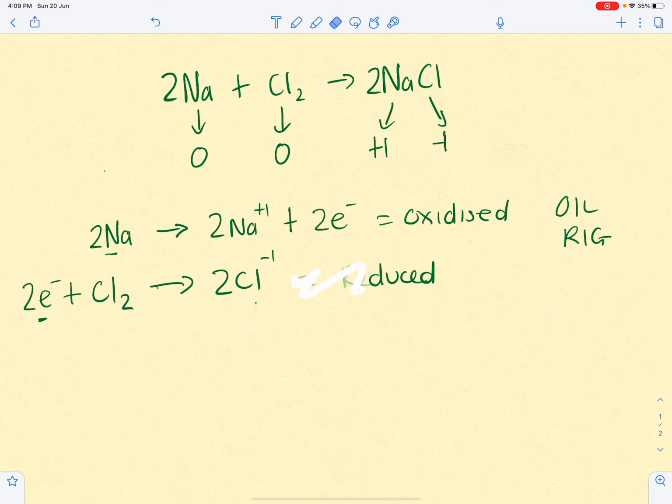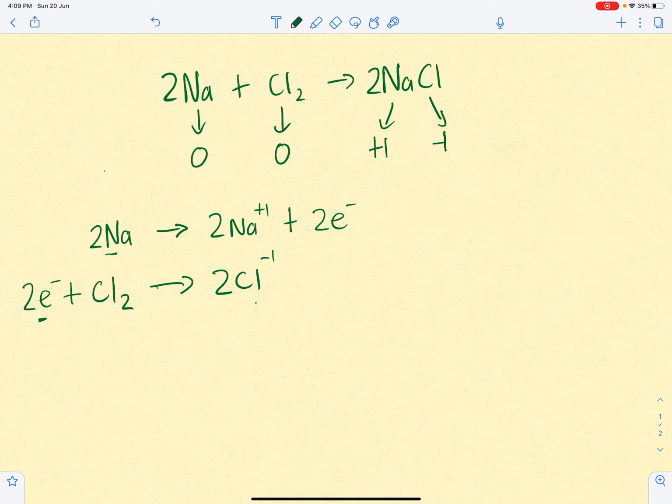Or I can not worry about OIL RIG, and I can say to myself, remember the chemist that got asked on a date and he said, no, sorry, I can't go on a date because I only do redox. Increase is oxidation. Decrease is reduction.